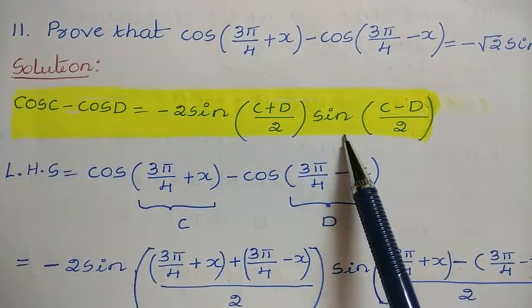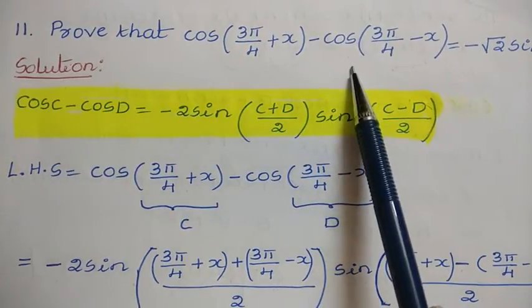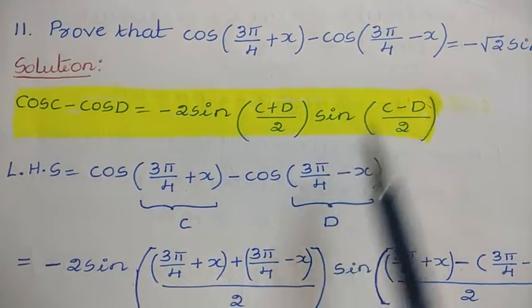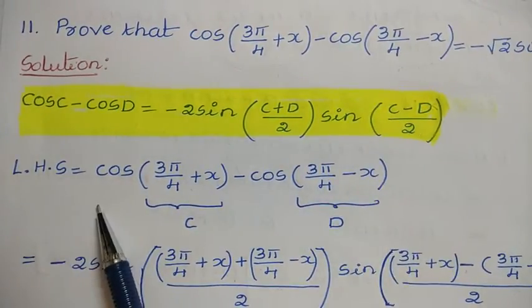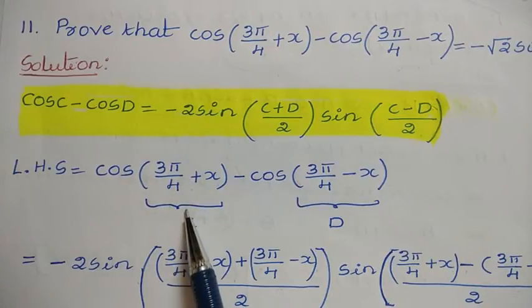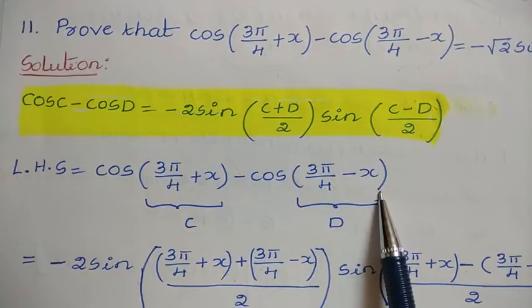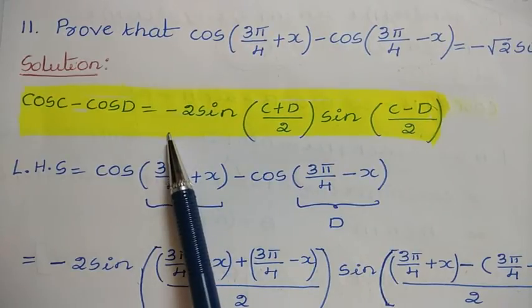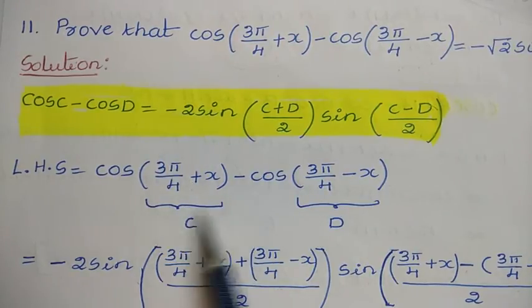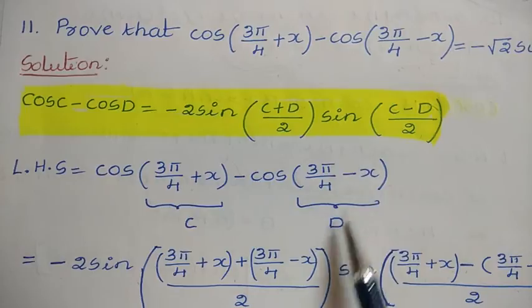So this formula we have to apply on the LHS. So now let us take the LHS. LHS is equal to cos (3 pi by 4 plus x) minus cos (3 pi by 4 minus x). So now we have to apply this formula here. So I will take this one as C and this one as D.